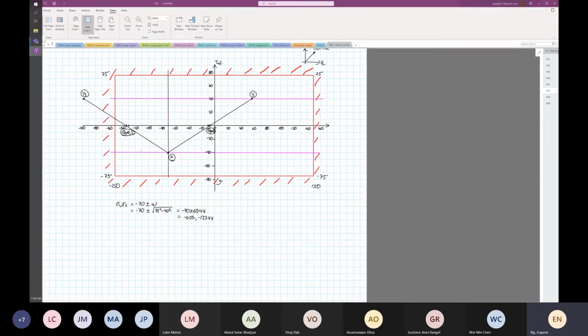So from here, we know the distance from here to here, and we also know the distance from here to here. This distance is our W, the W that we have calculated in the formula. And then the other side, from here to point Y, that is also our W. So let me draw a vertical line down.